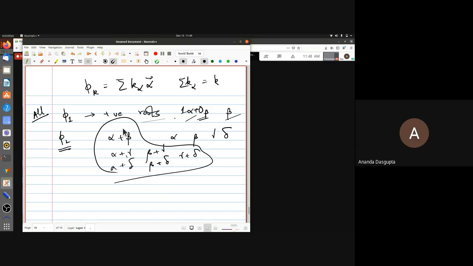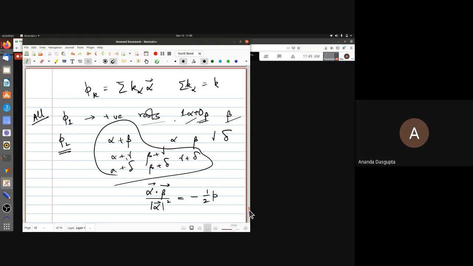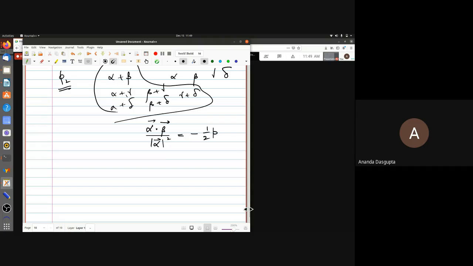Okay? But this is where the results that we have so far come in handy. We know alpha dot beta by mod alpha square. How much is that? Half p minus half q. And why? Because we know the q is 0 for this, because these are simple roots, right? So you can calculate p from here.